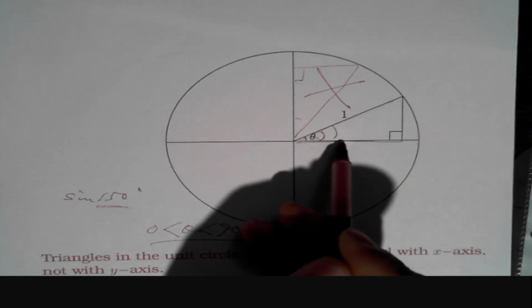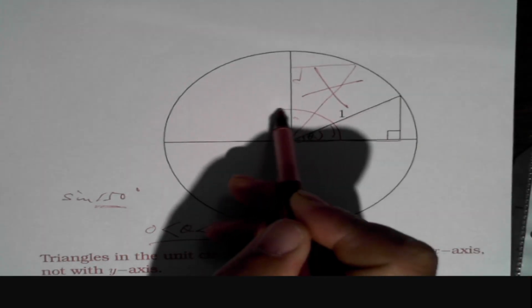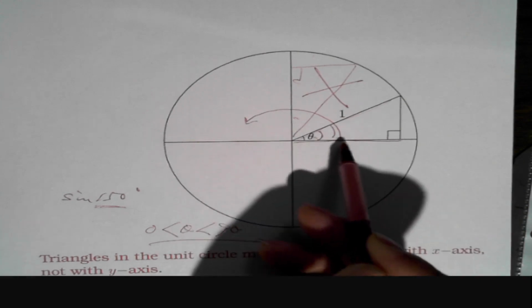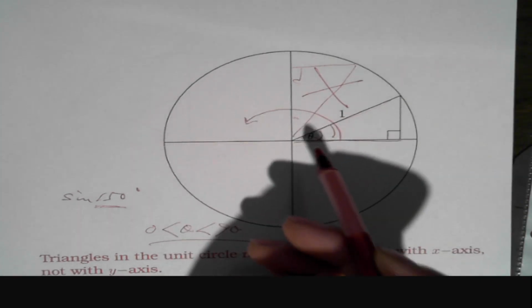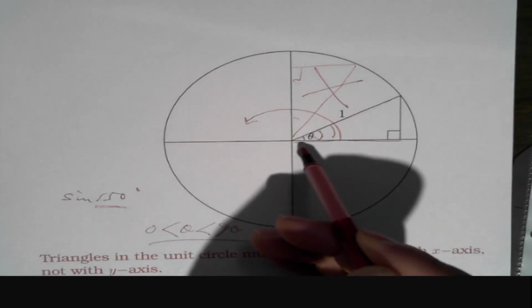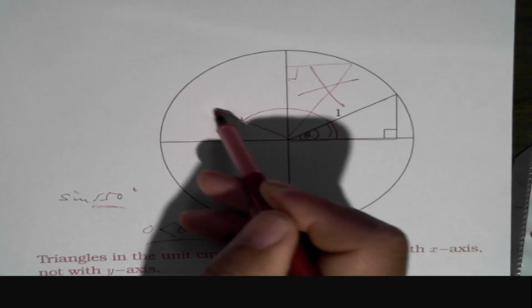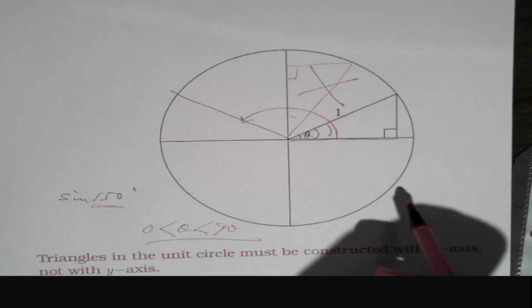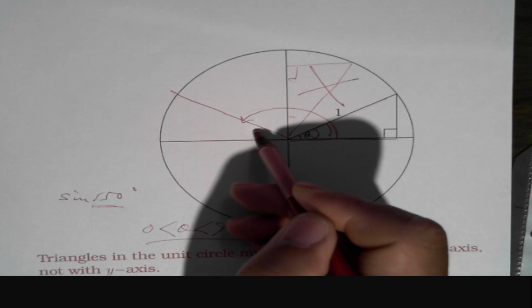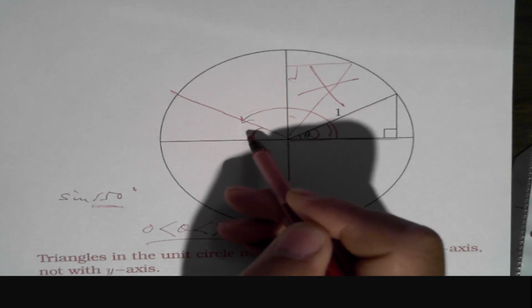So let's go here. From here, you make 150 degrees. This definition gives you information to find the hypotenuse here, and then you use the angle in between the x-axis only.